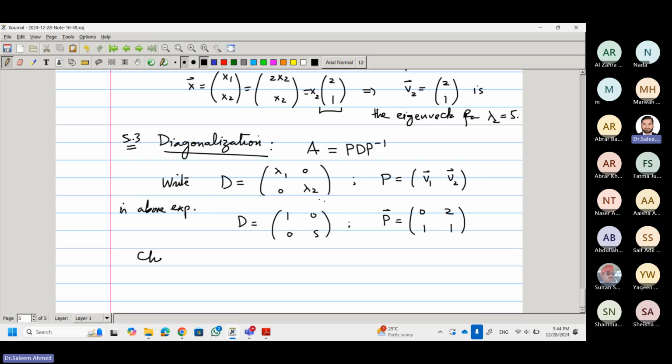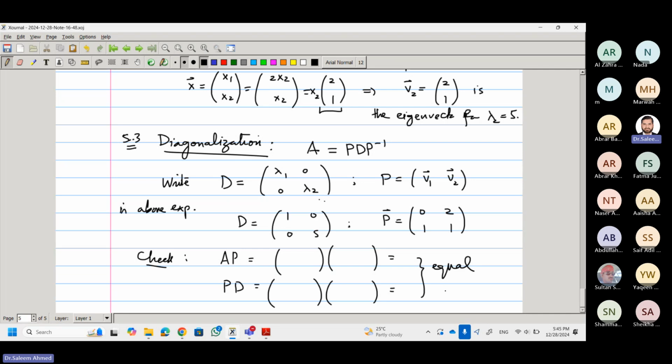Now, if you want to check whether it is true or not, you can multiply A with P and P with D. They will both be equal. If they are equal, it means AP is equal to PD.